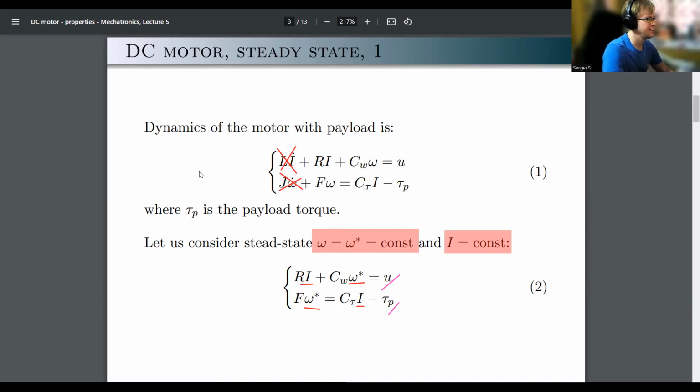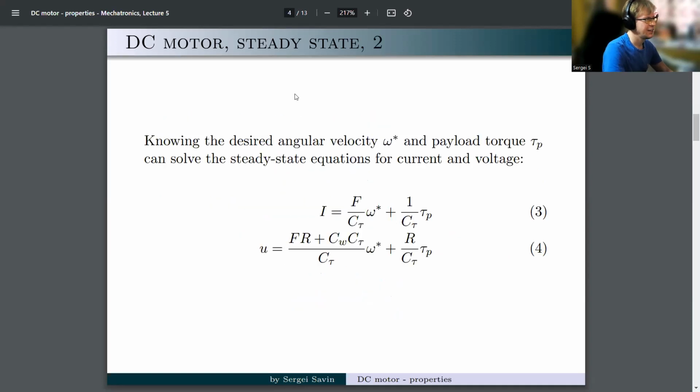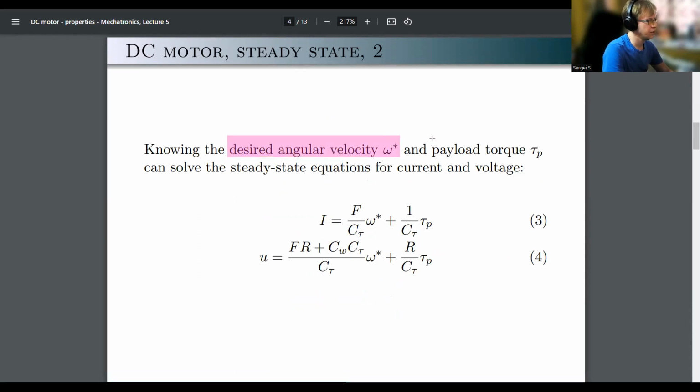Let's see this in action. Let's say we know the desired value of angular velocity omega star, and let's say we know the payload torque tau. Very typical, right? We know payload torque because we can compute it.